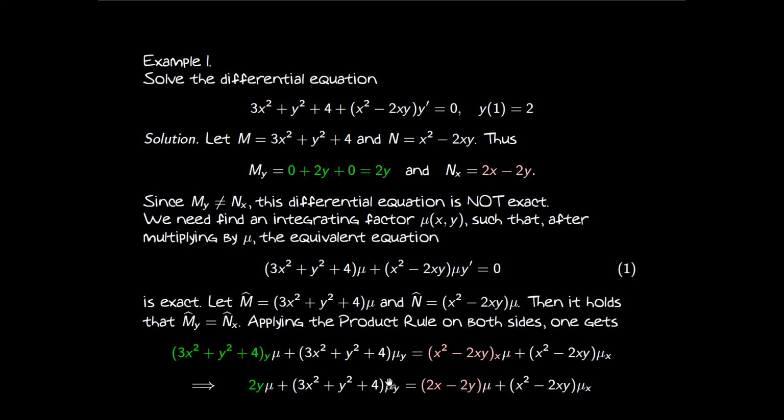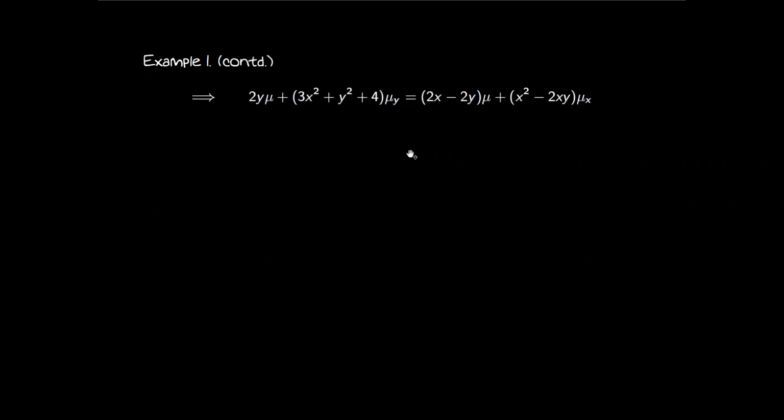Now let's copy this equation. If you take a look at this equation, you notice that we have both the x derivative and y derivative of mu involved. That means this equation is a partial differential equation. And we know it's usually more difficult to solve a PDE than an ODE.